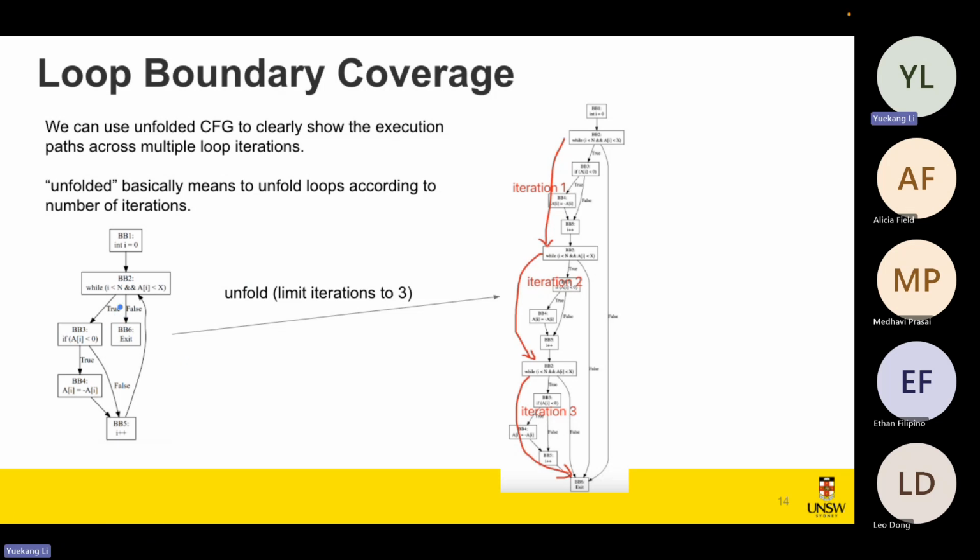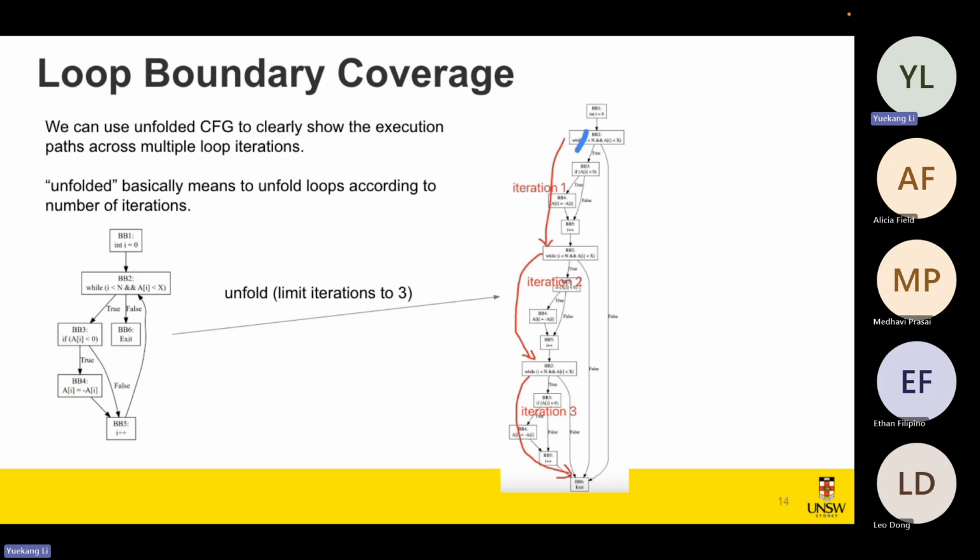We can try to unfold this entire loop body 3 times, and this is a control flow graph we can get by unfolding this. The purpose of unfolding this control flow graph is that we can clearly see the different combinations of paths inside each iteration, right?